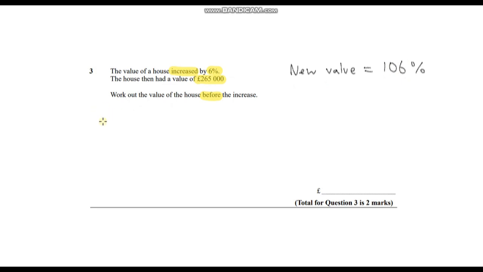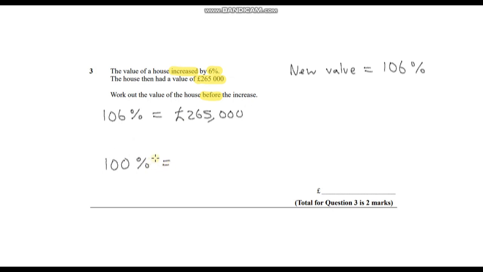So we can say that 106% is equal to £265,000, because that's the value. So this is what it is as a percentage, but this is the value. And we're trying to work out the value of the house before the increase, so how much it costs at 100%.